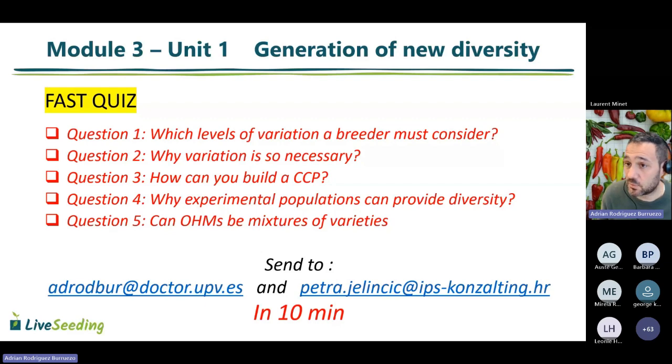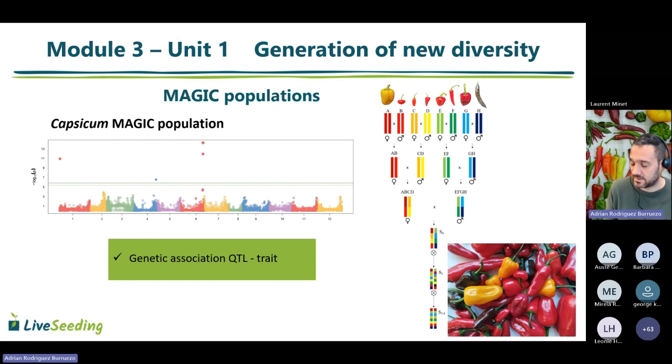Before going to the quiz, I must say that despite being called experimental populations and being more in our minds related to the lab, to genome-wide association and genes and searching of genomic regions linked to the different expression of traits, just put your attention on the diversity that these experimental populations create.